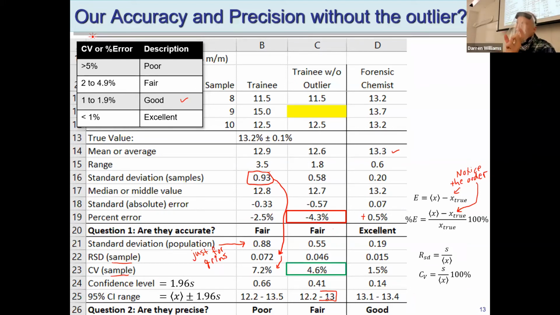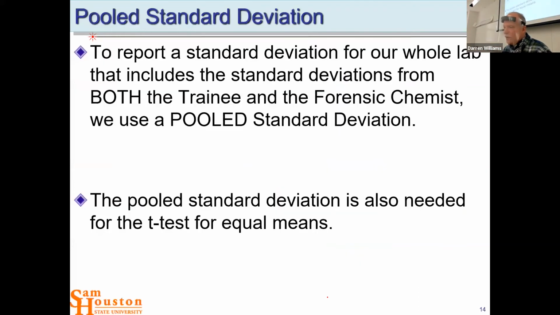So something in that trainee's procedure is causing them to come low every time. We need to see how they do their standards or however they analyze the data, because they have a bias. On average, they're 2.5% low.